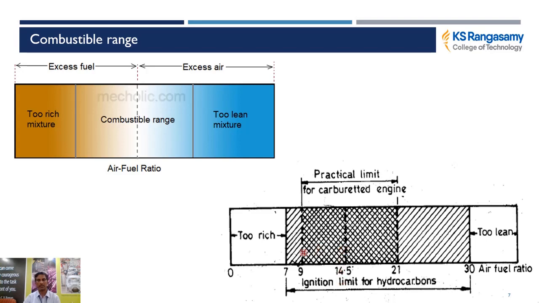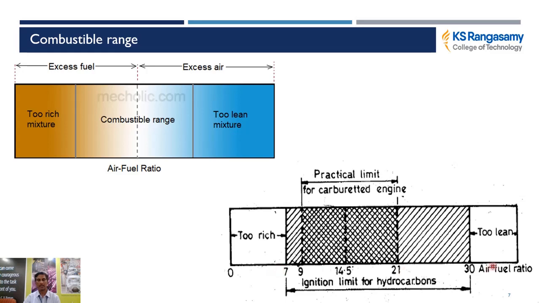The minimum band is 9 to 1, and we can go down to 7 to 1, where the combustion process will still happen. Below that it is too rich, there is unavailability of oxygen, so no combustion happens. For carbon fuel in a conventionally running engine, we need a minimum of 7 mass of air to run the vehicle.